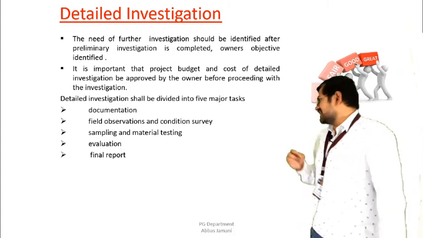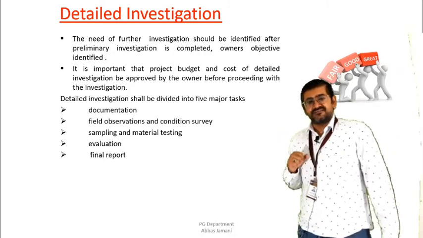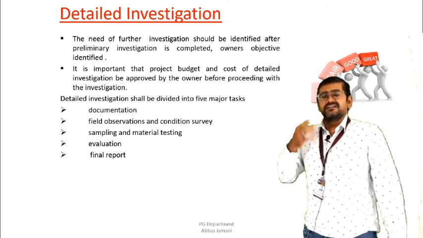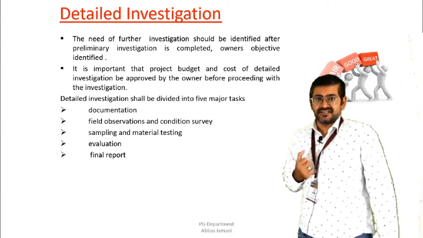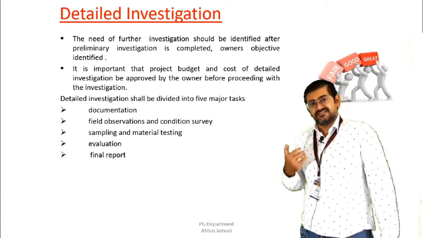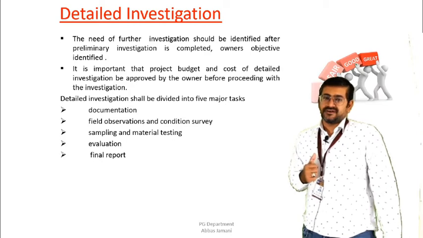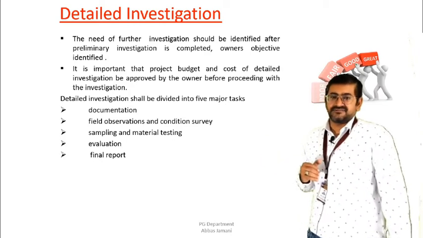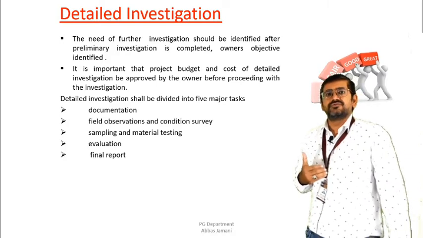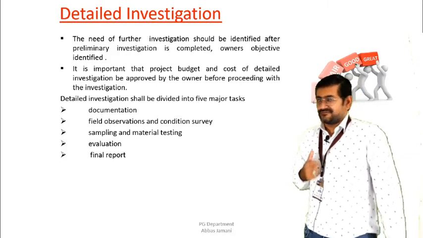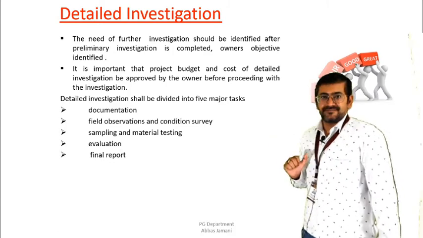Now, if we look at the stages of detailed investigation, as we saw earlier, in the preliminary investigation we had 5 stages through which the sequence was followed and the results were obtained. Similarly, in detailed investigation we have 5 steps to be followed in order to perform the investigation in an engineered, organized way. First is documentation.